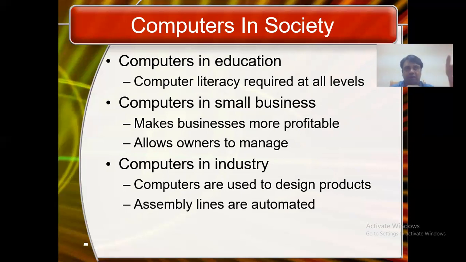So what are robots? They are computers in industry, and assembly lines are automated. They are self-organized. You have programmed them using the computer and they are performing the job. So we say this is automated assembly lines.